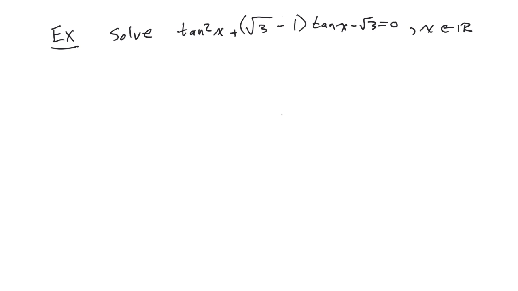Okay, so we need to solve the tangent of these problems. If you look at all of these equations, you could literally notice that we have tan squared x plus (the root of 3 minus 1) times tan of x minus the root of 3.